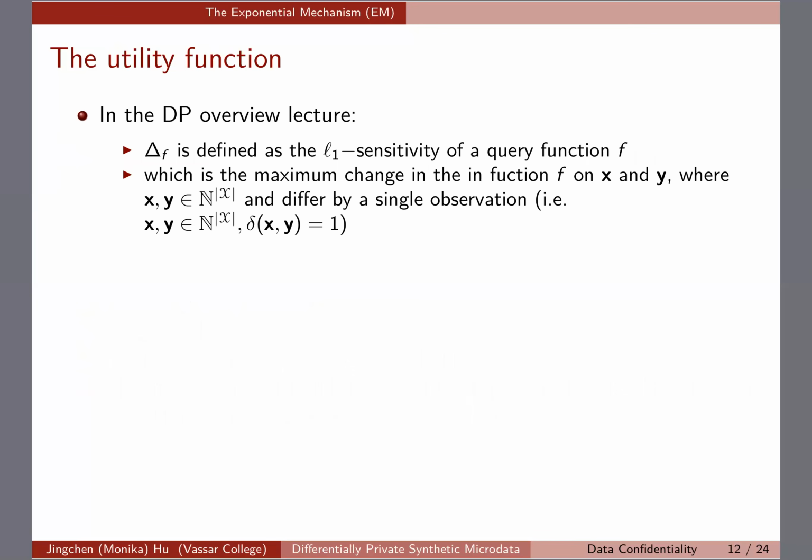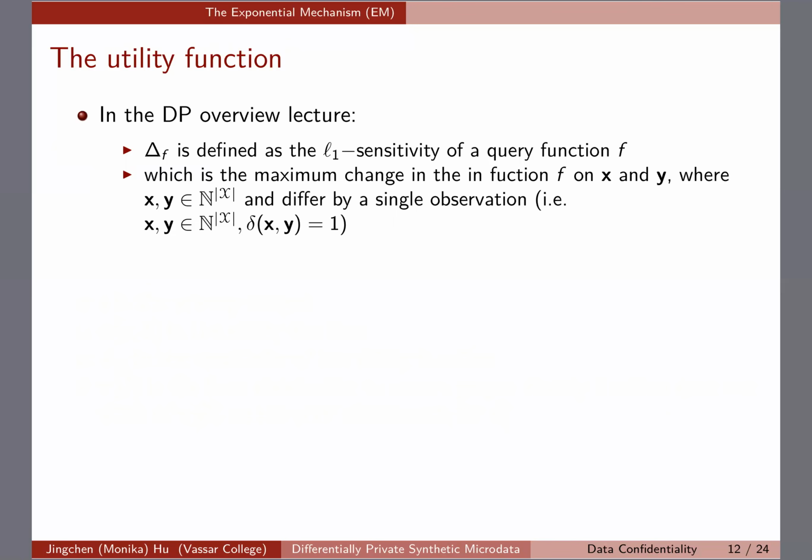So the utility function, let me just refresh your memory a little bit. When we first introduced the differential privacy overview, we talked about delta F as the L1 sensitivity of a query function. Back then, we were talking about delta F. The sensitivity at the end of the day is always the maximum change in the function F on X and Y. So back then, we were looking at databases X and Y, having the same dimension, and they differ by 1.